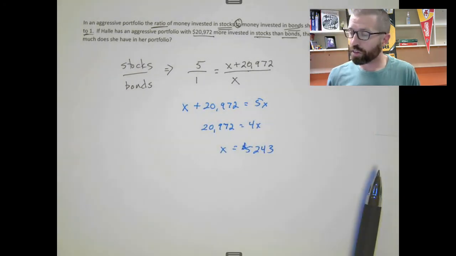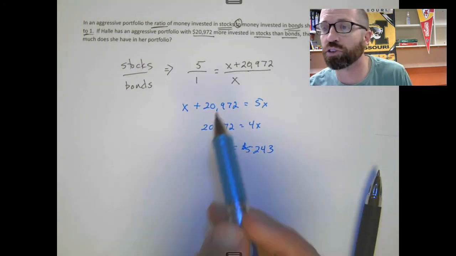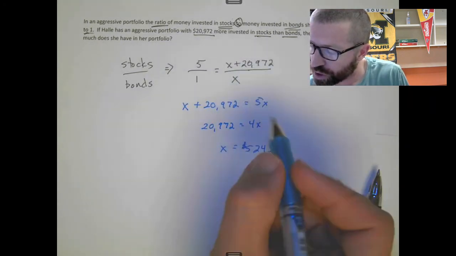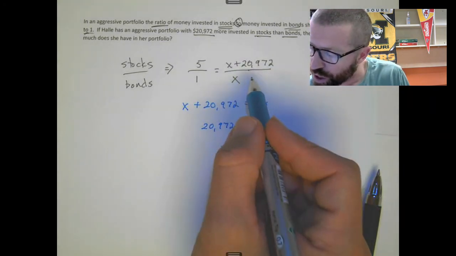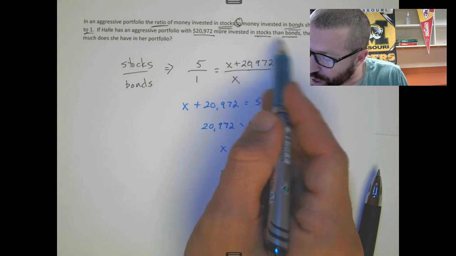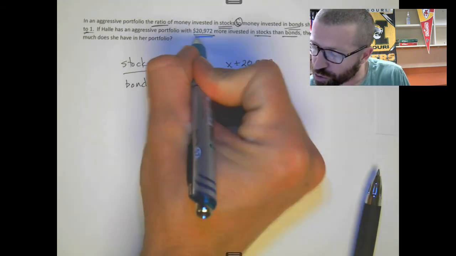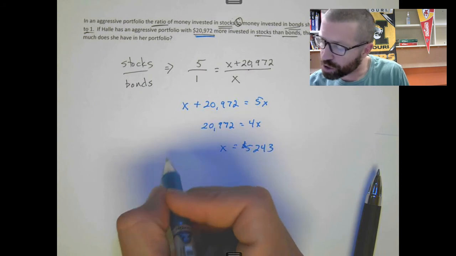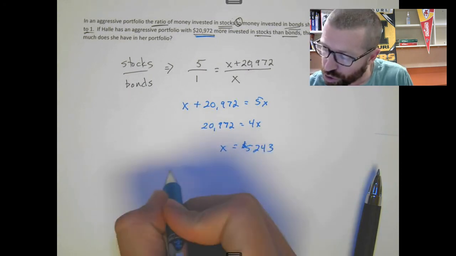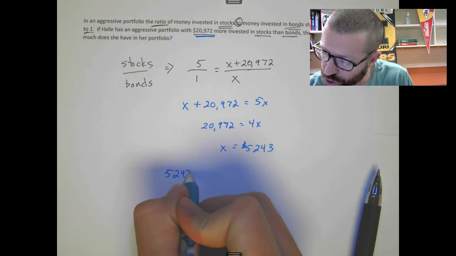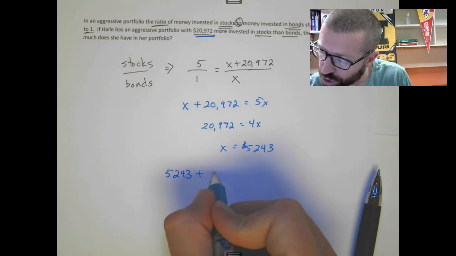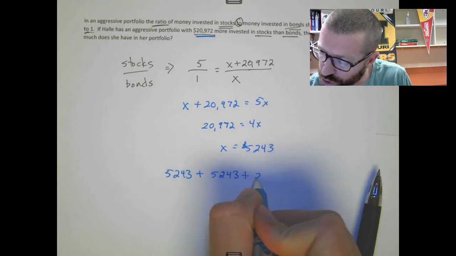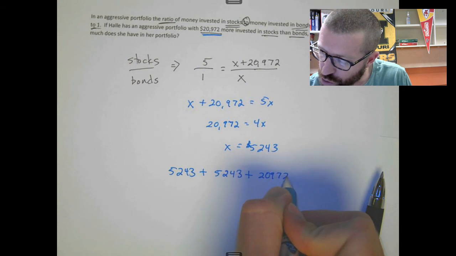And let's make sure that that's what they were looking for. We want to know, how much does she have in her portfolio? Okay, so that's not the answer, but it is how much she has in bonds. But she's got this much more in stocks. So this is kind of tricky. Make sure you add up everything. So she has 5,243, but then plus another 5,243 plus 2,972.